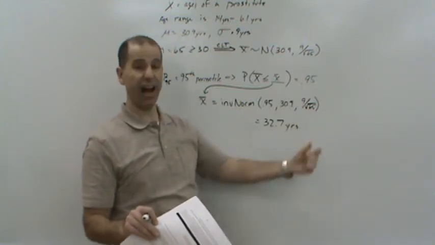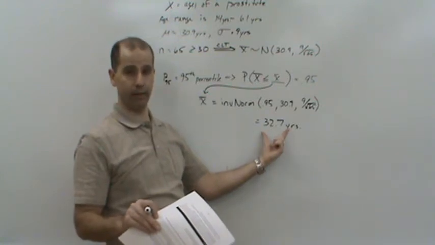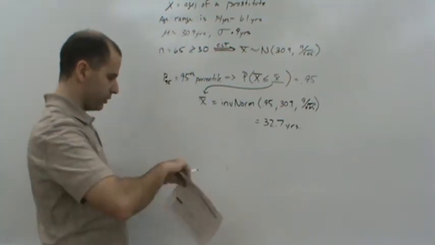And then we would find about 5% of those samples would have ages that were greater than 32.7 years. Okay, that's it.